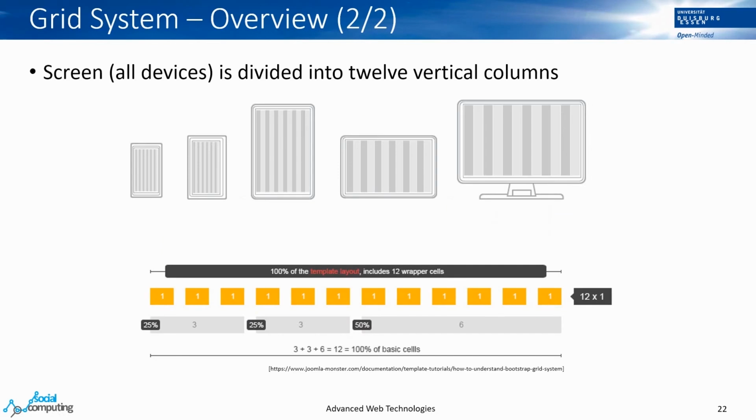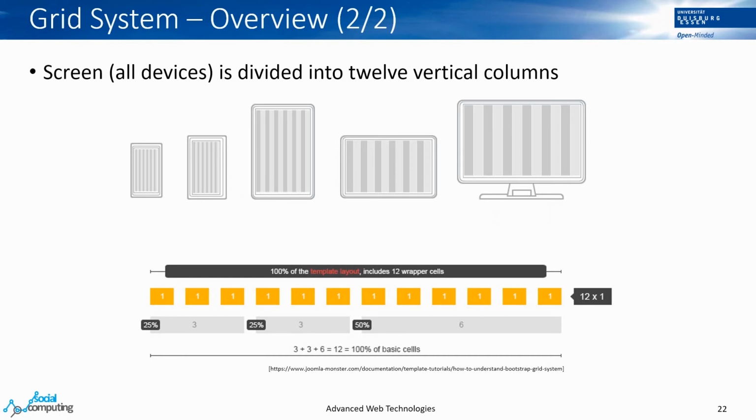Since the content is placed inside the columns, what Bootstrap does is divide the whole screen into columns. You can see the whole screen as a set of 12 columns. On every device the whole screen is divided into 12 columns, and then you can define these columns to arrange your content.